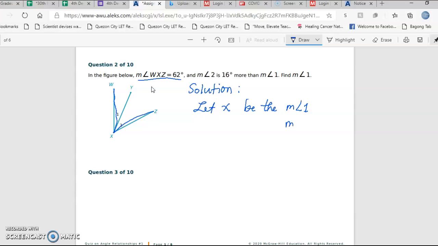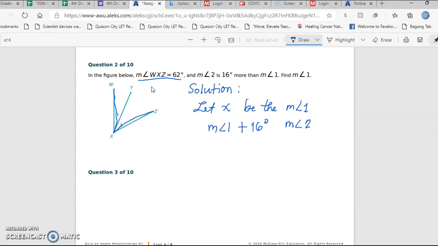So the measurement of angle 2, we're going to write it as the measurement of angle 1 plus 16 degrees. Okay? That's the measurement. And now you know that the whole thing, the measurement of WXZ, is equal to 62. Correct?